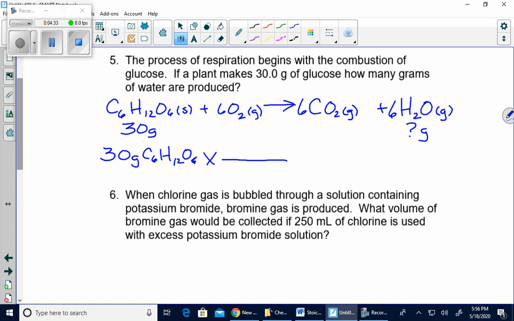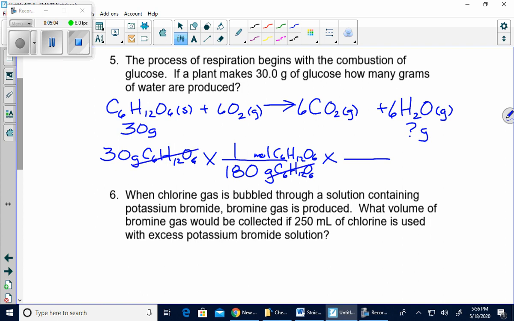So I'm going to convert 30 grams of glucose to moles. Okay, so this is a molar mass. So 1 goes with the moles, and the molar mass of glucose is 180. One of those little facts that are in my brain.